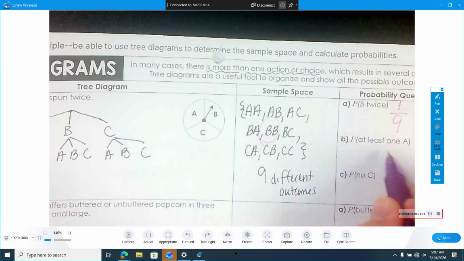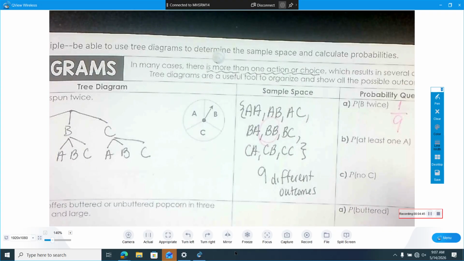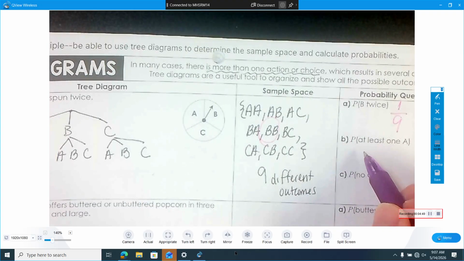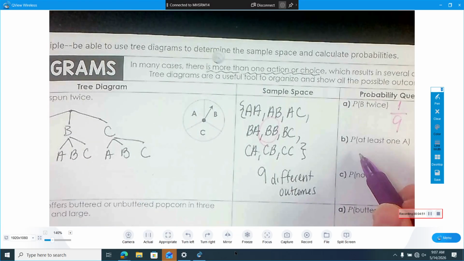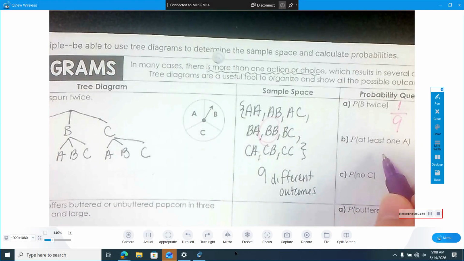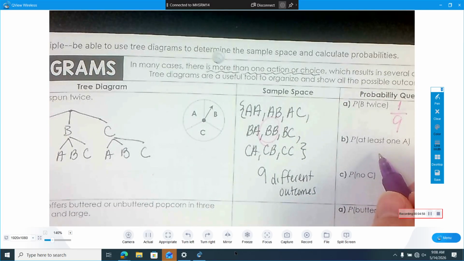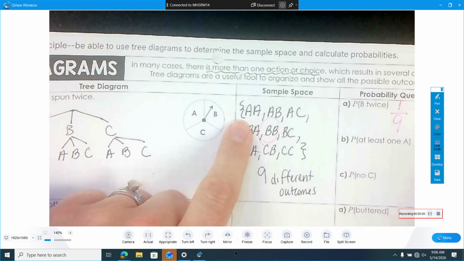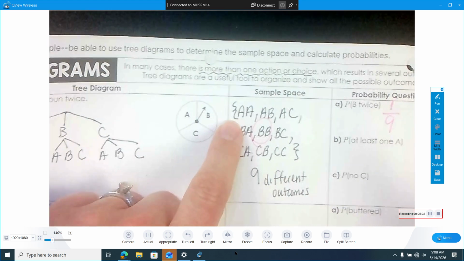What about the probability of getting at least 1 A? What does it mean to be at least 1 A? At least 1. Would 2 work? Yeah, okay. So at least 1 A means an A or maybe 2 A's. All right, so how many places do we have an A or two A's?